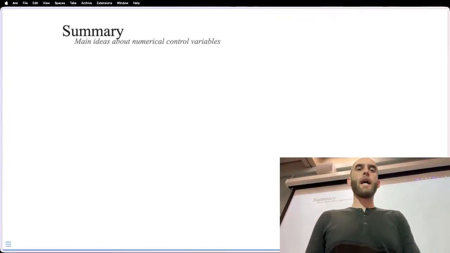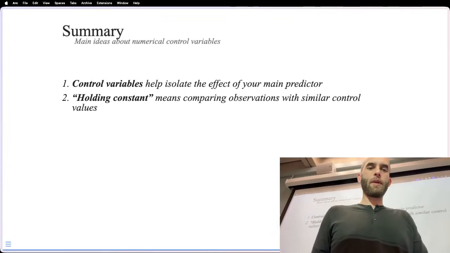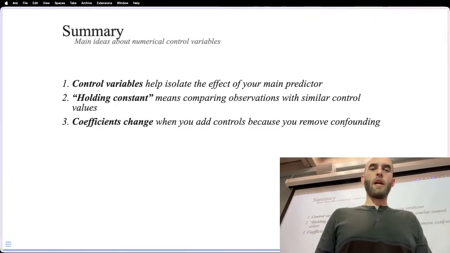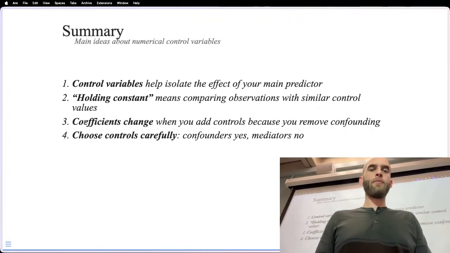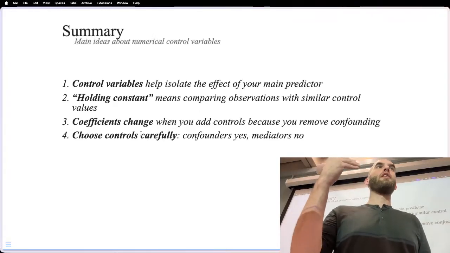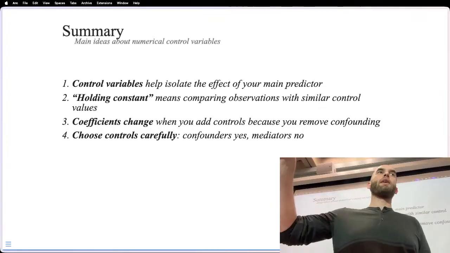Okay, so this is just a bit of the summary. It helps us isolate the main predictor. We can think in terms of holding constant. I showed you what happens to the coefficients when we add control variables, which pulls out the confoundingness of the variable that we're adding.